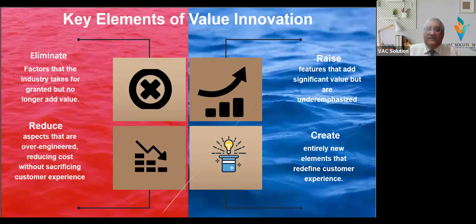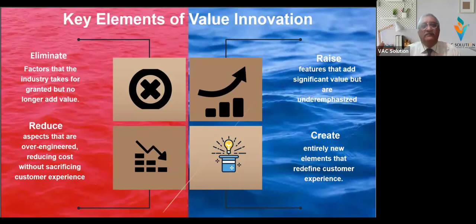You raise the features that are significant value but are under-emphasized. Good. That will cause the customer to feel more happy because he is getting more of what he really wants or needs. And finally, you create entirely new elements that redefine customer experience. Beautiful. As a concept, it is very good.